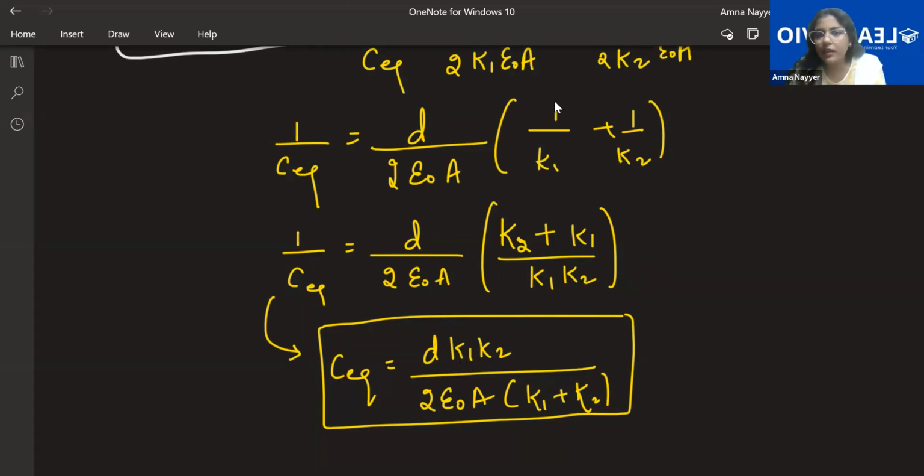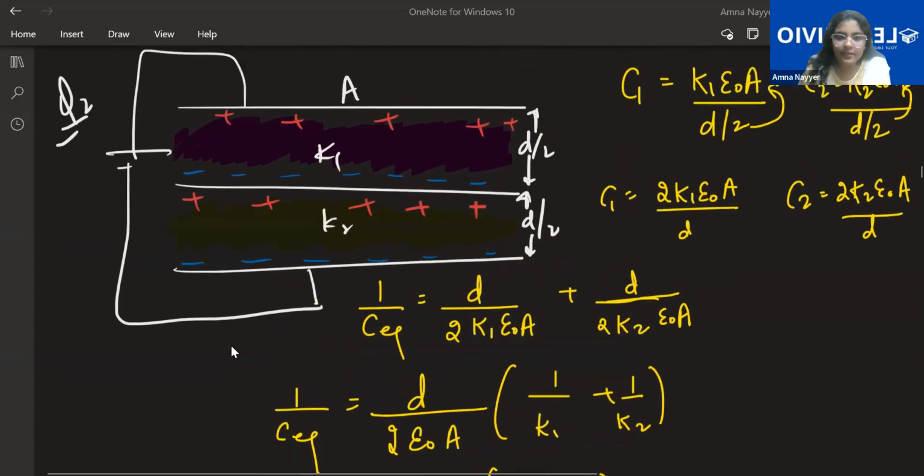Because this answer is 1 by C equivalent, and you don't want 1 by C equivalent. This is the formula we obey till here, but then we can take the reciprocal. So this will give us C equivalent by 1. That's what we want. Okay. Yes, ma'am. All right, write this.